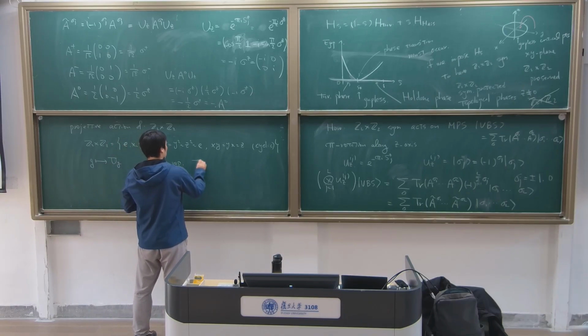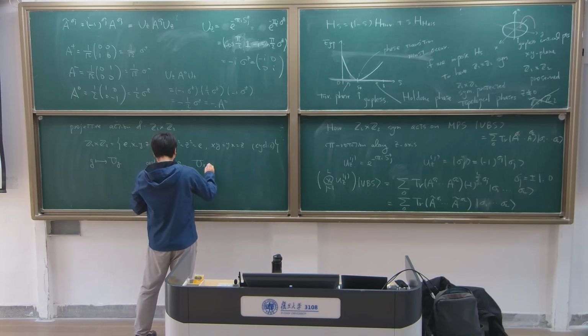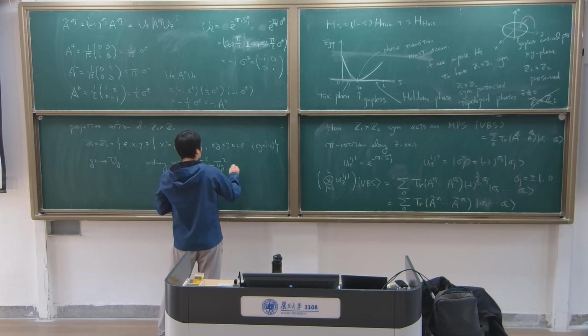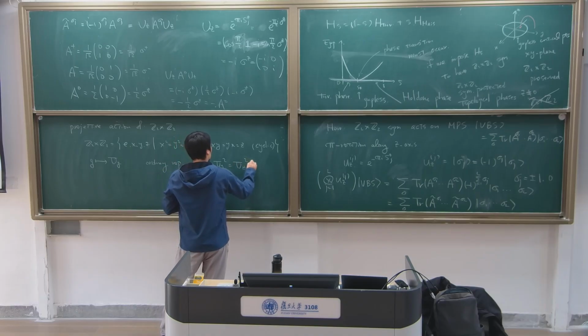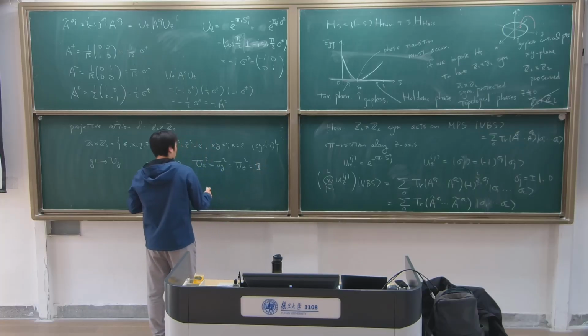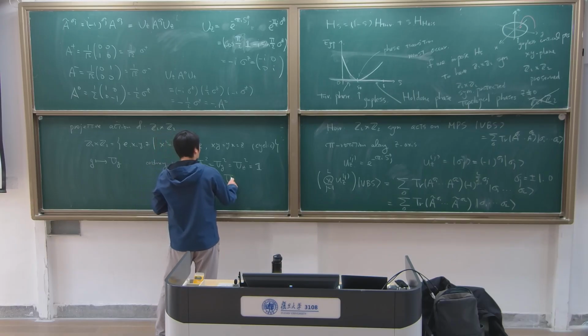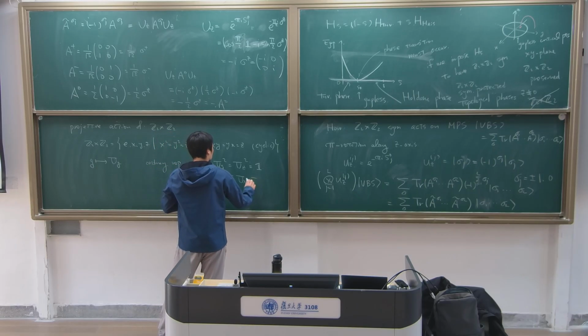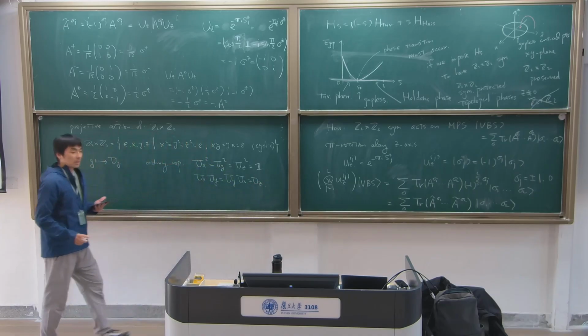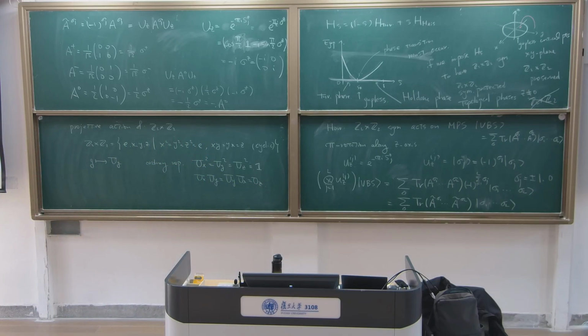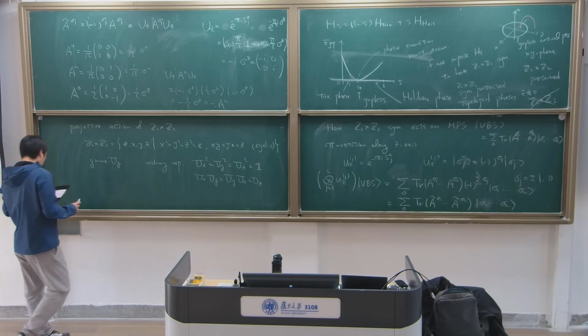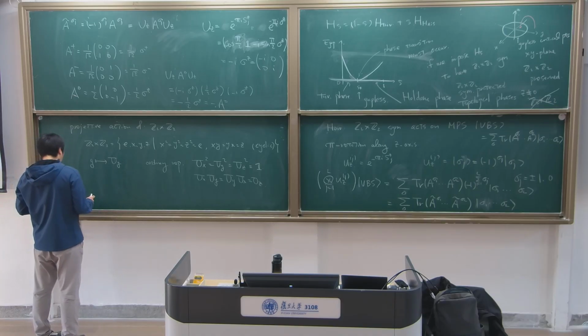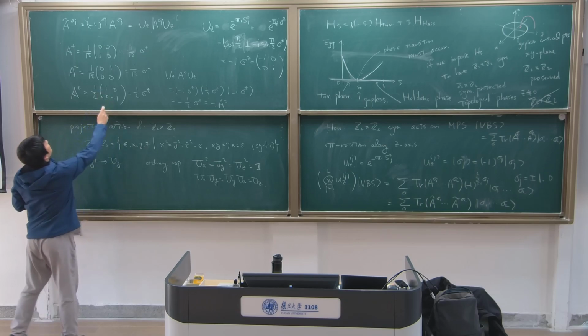It should satisfy as follows: Ux squared, Uy squared, Uz squared should be 1, and Ux, Uy should commute. That should be the rule. That's the ordinary representation. But the projective representation is something else, not an ordinary representation.